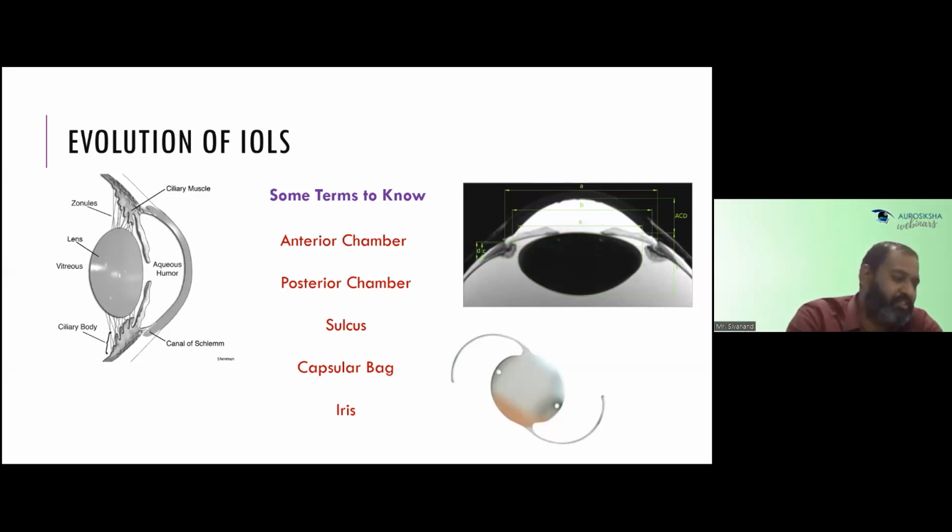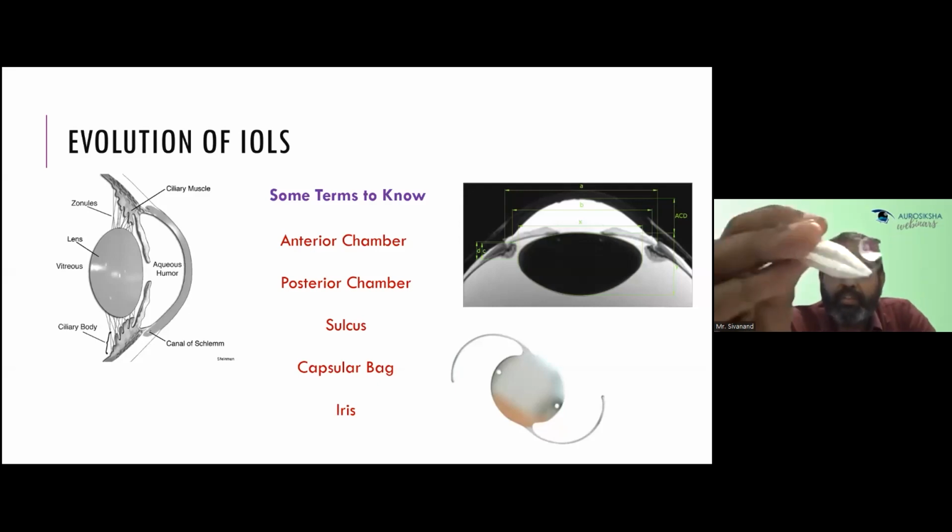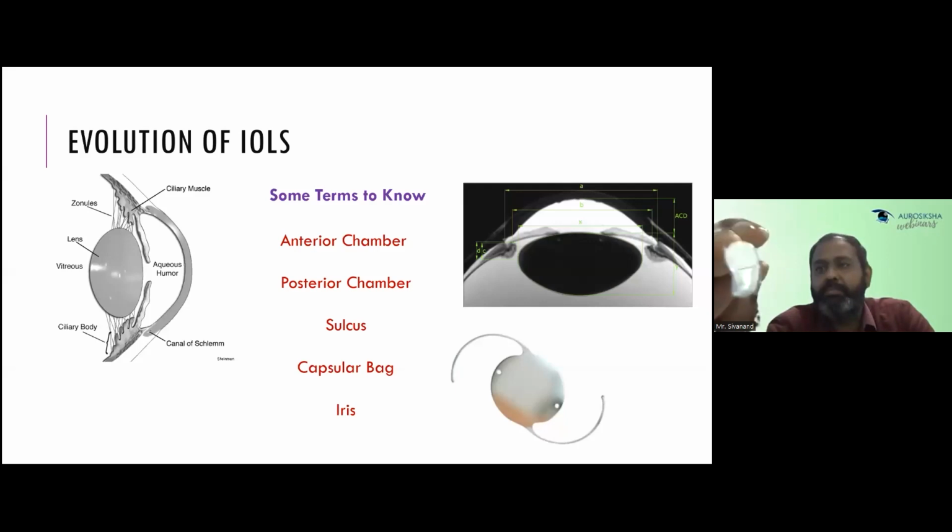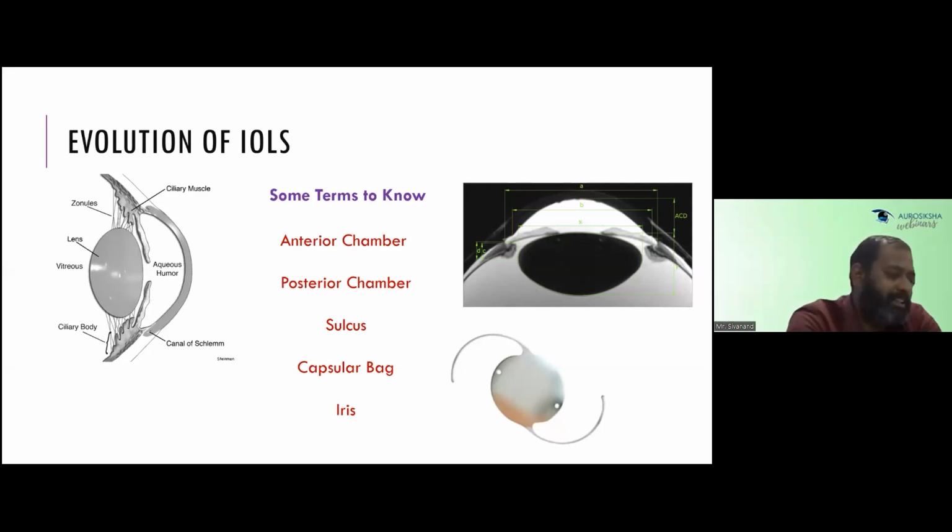For the small proportion of people who have probably not seen it, this is the intraocular lens. This is the size of the intraocular lens. What I'm holding is a PMMA intraocular lens, with the haptic and the optic. Let me keep my thumb near it so we can see it for scale, how big it actually is.